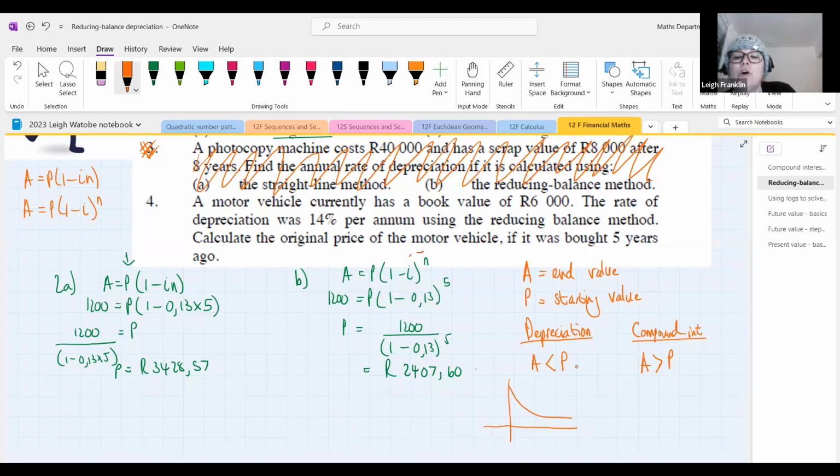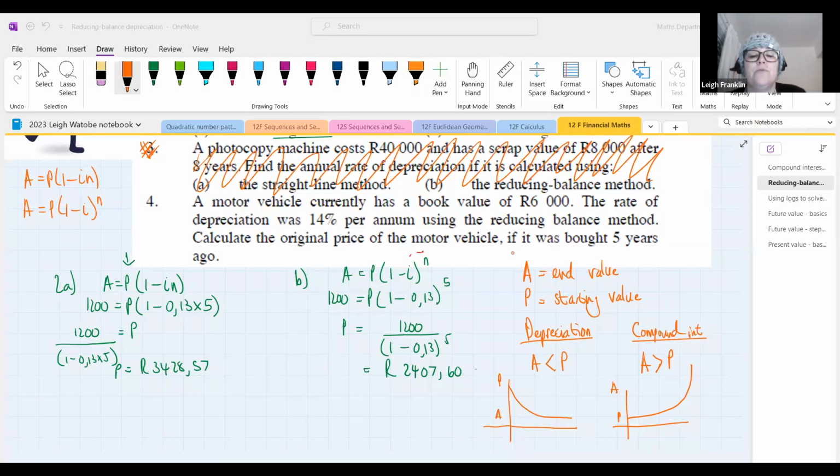Your starting value is at P, your ending value is at A. A is smaller than P. With compound interest, it's the other way around. You're starting here with P and ending with A. A is bigger than P. Okay, Ntokozo?